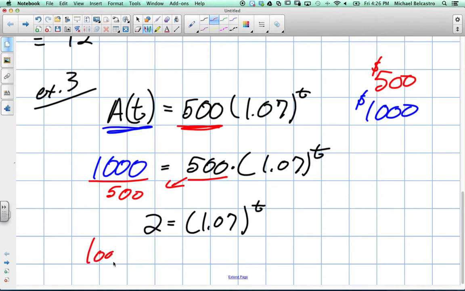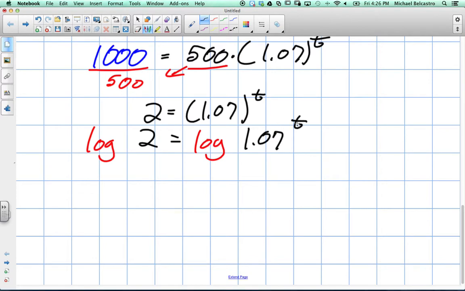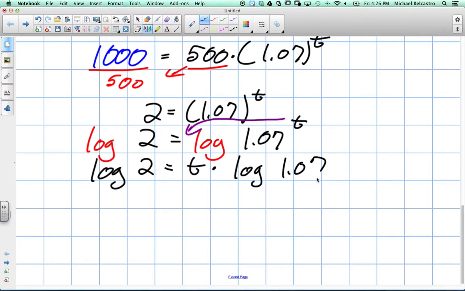So we find log base 10 of the value of 2, and log base 10 of 1.07 to the power of t. We know from here, t can come down in front of our log. So we'll have log base 10 of 2 is equal to t multiplied by log base 10 of 1.07.